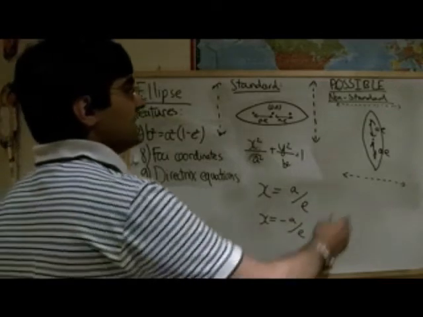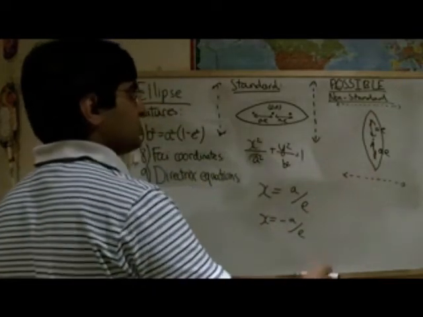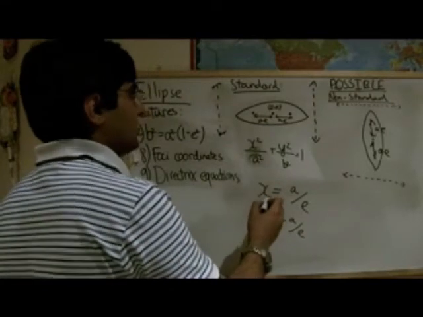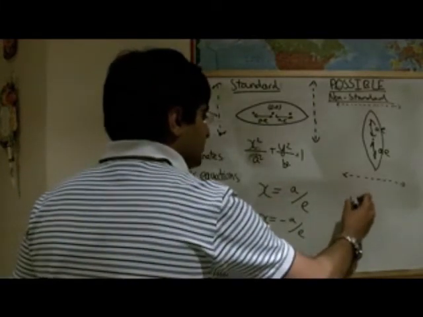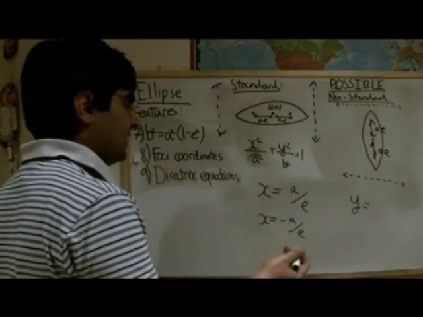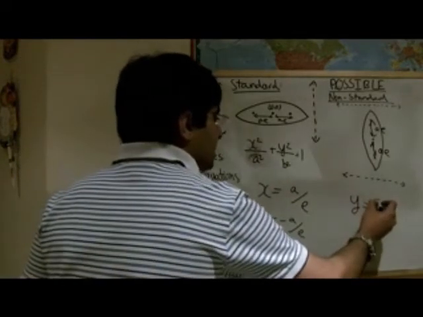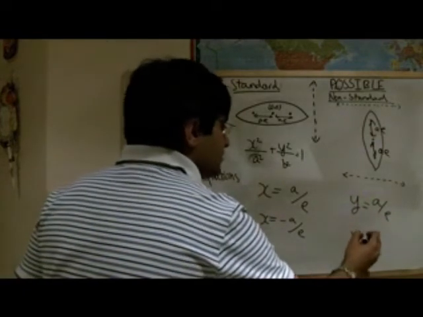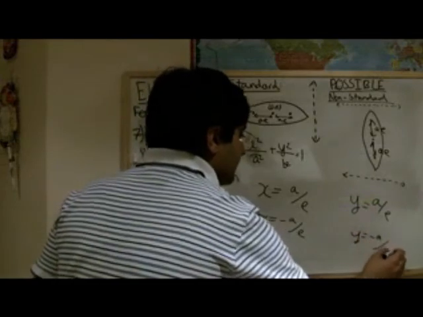If you were talking about something like this, where the major axis was the vertical axis, then obviously you wouldn't have vertical directrices, you would have horizontal directrices. And so you would have a directrix such as y equals a over e, again where a refers to half the major axis length.